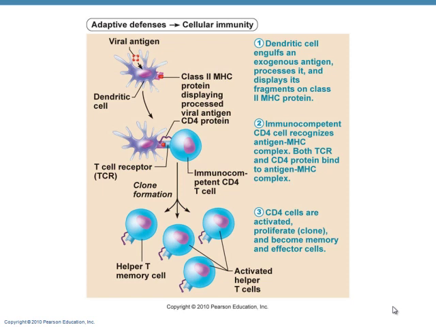This immunocompetent cell also recognizes when that self-antigen, MHC class II, is carrying something. And it's going to pay close attention. Once it figures out what it needs to fight, it's then going to clone, make more of itself. And some of the cells are going to go dock themselves and hang out in lymph nodes, waiting for the next attack to occur. And some of them are going to then go cause others to get their butts in gear and get them moving in an immune response.